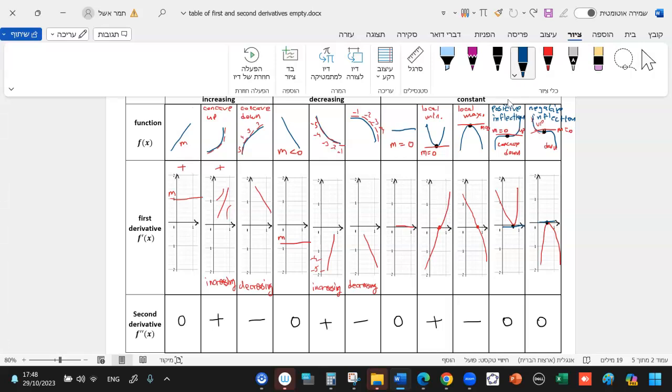In all these stationary points where the function is constant, the first derivative is 0. For the minimum, second derivative is positive. For the maximum, second derivative is negative. And for inflection points, second derivative is 0.